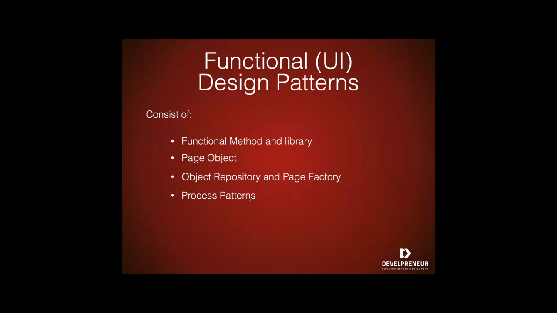So an object repository allows the tester to store all of the objects that will be used in the scripts in one or more centralized locations, rather than letting them be scattered all over the test scripts. Whereas the page factory is used to initialize the elements of the page object or initiate the page object itself. If any object changes in the UI, then the tester just needs to update the locator in one of the centralized locations, thus minimizing the code maintenance effort.